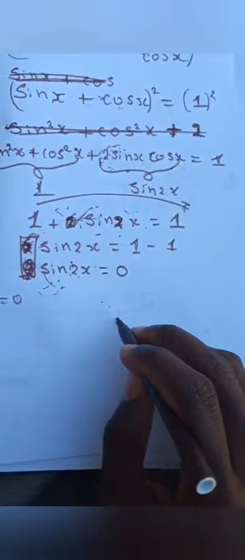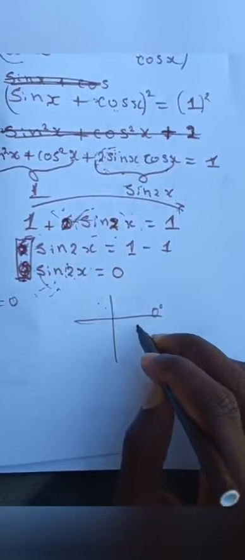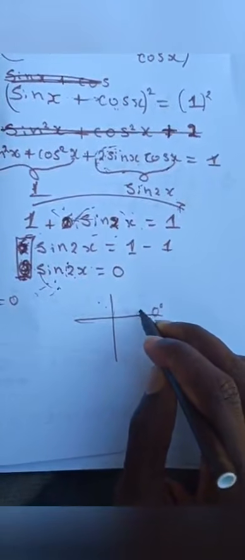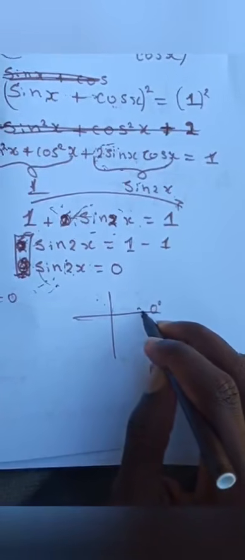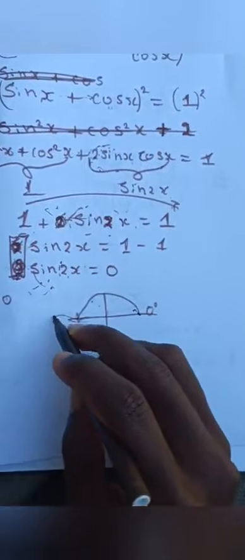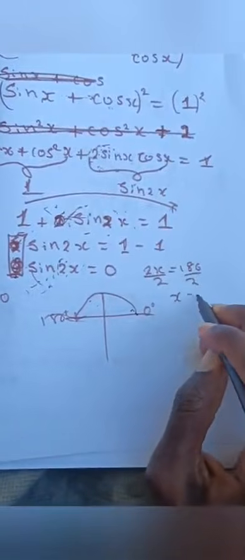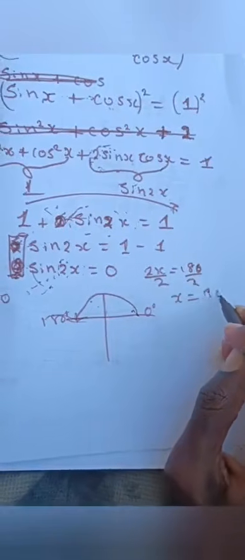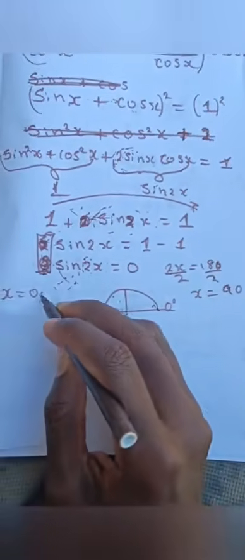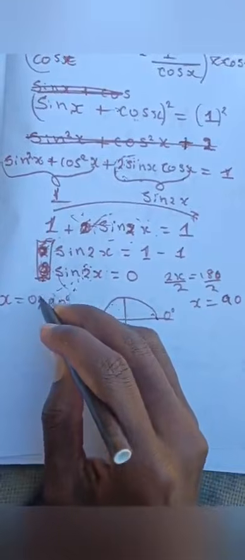It can also be 0 if sine is having the angle of 180. Since there is 2x here, we say 2x is equal to 180, divide by 2 on both sides, x is equal to 90. So the other angle is 90 degrees.